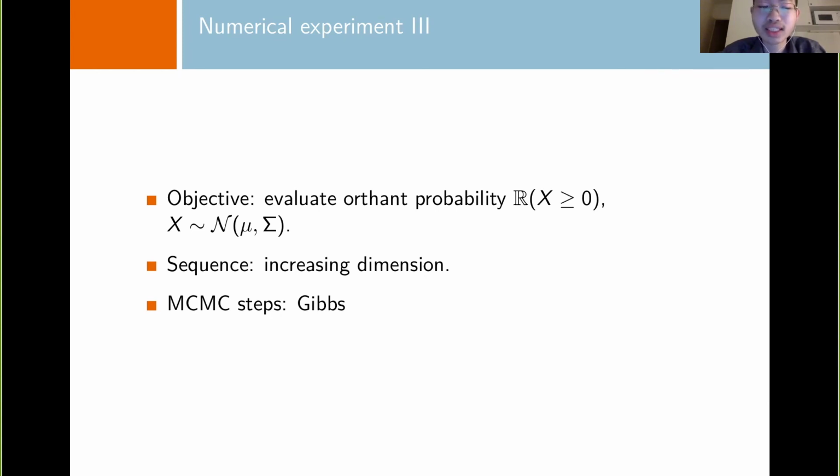You can look for the details in the paper, but there are two differences between this experiment and the two preceding ones. The first one is that the dimension of the distributions is increasing with respect to t. And the second one is that we use another MCMC kernel. We do not use the Metropolis-Hastings kernel anymore, but we use the Gibbs one.